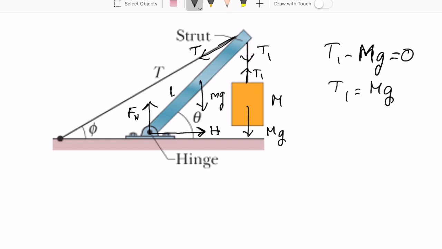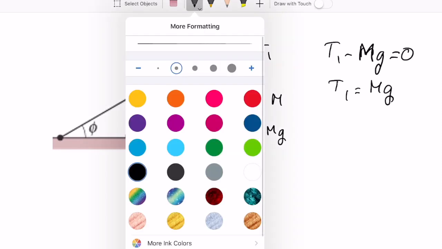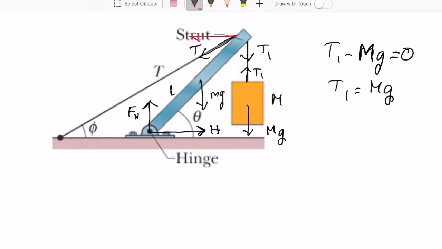T is the only one that needs to be broken into components. So let's make two components for T. Just use a different color for that. One component would be going like this, another component would be going like that.